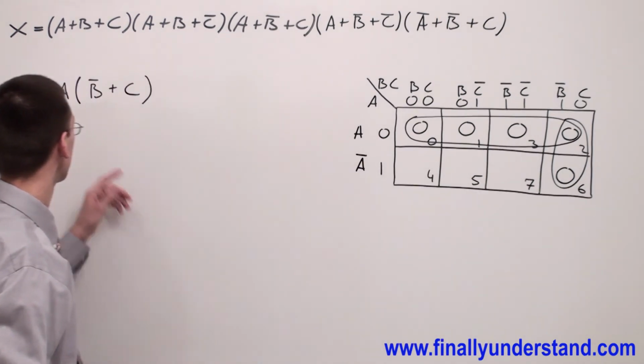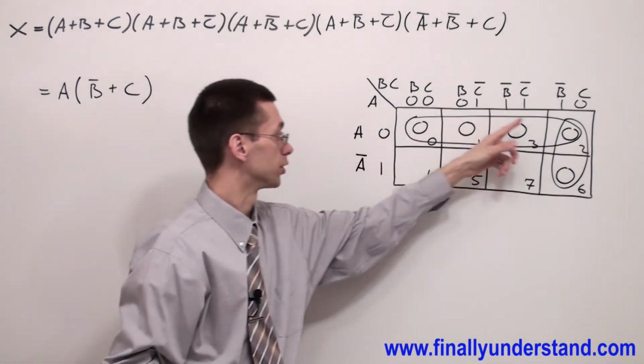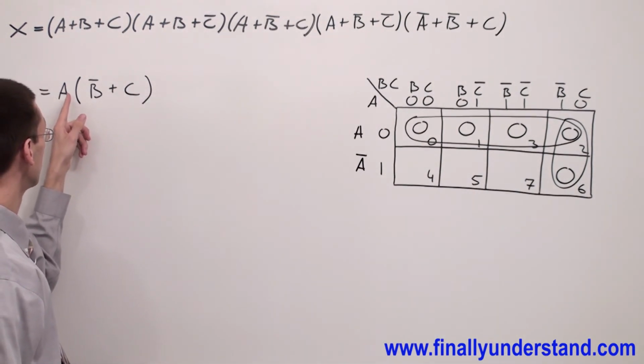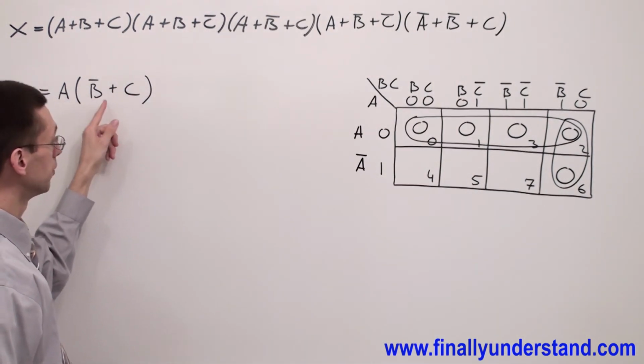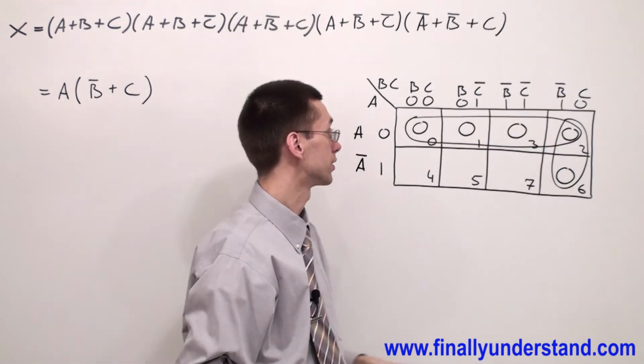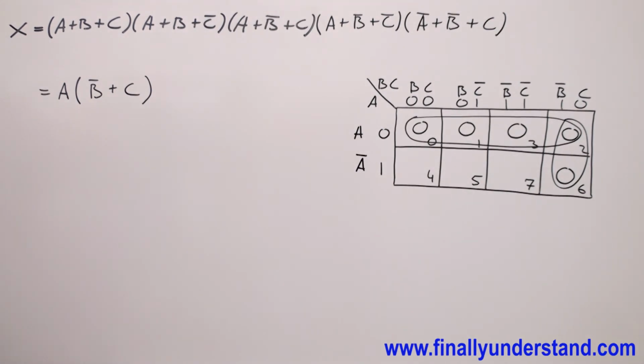That's why we are going to have multiplication. This A represents my first group times, because we have to have product, the sum B naught or C. So this is my simplified expression.